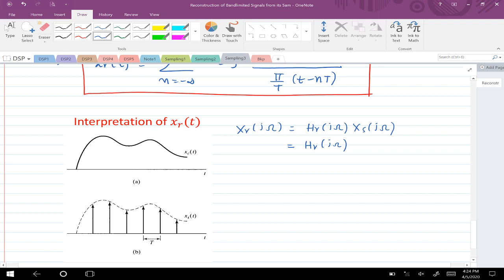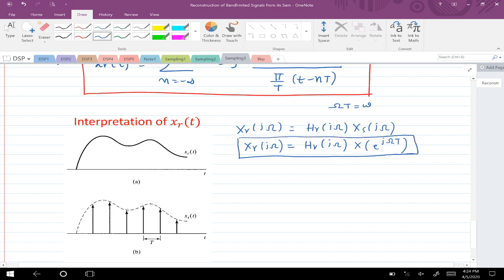There is just a scaling happening there, and that relation we already know from the previous ones, omega T by omega. So this is nothing but X of e power j omega T. This is the relationship between the CTFT of the reconstructed signal and the DTFT of the input, if you start the module from x of n.